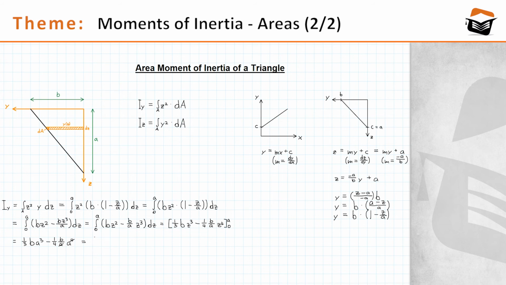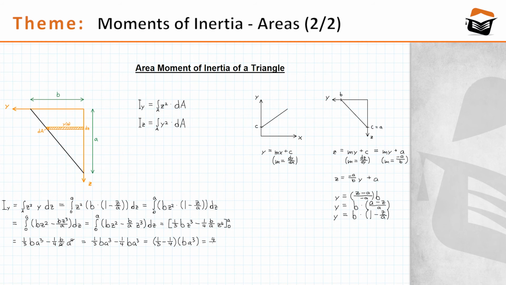That leaves us with 1/3 b times a to the third power minus 1/4 times b times a to the third power, and 1/3 minus 1/4 times b times a to the third power is equal to, let's bring the denominators to a common number.